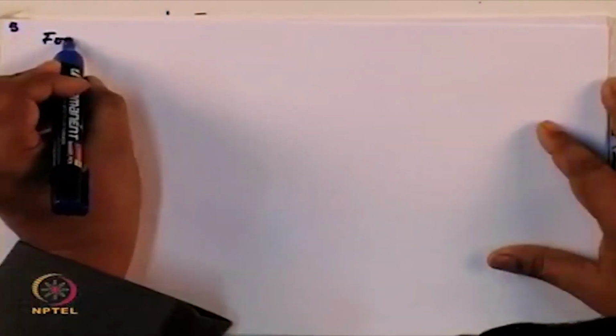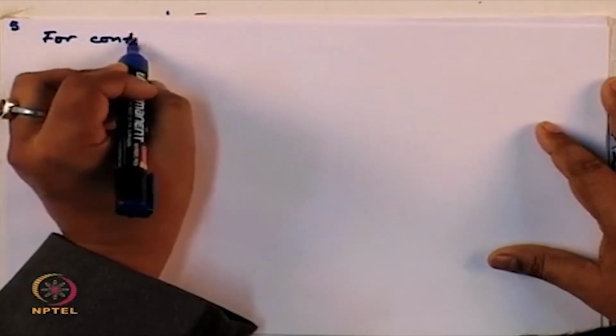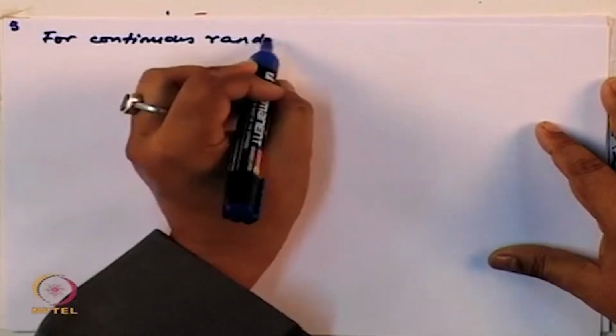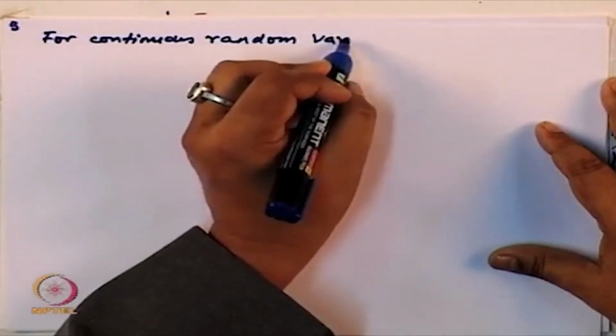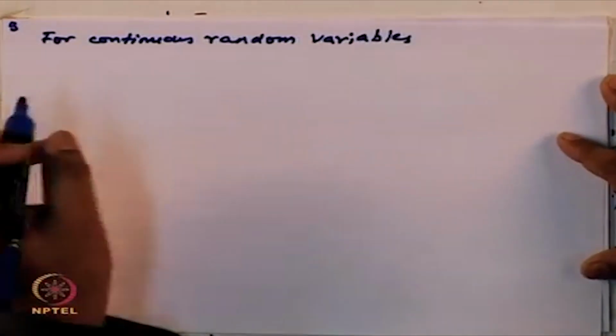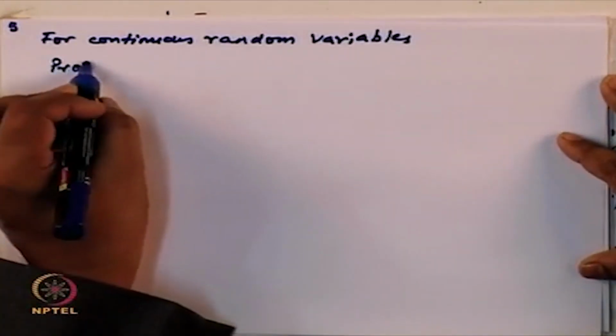So, for continuous random variables, I can write what is called a probability density function.